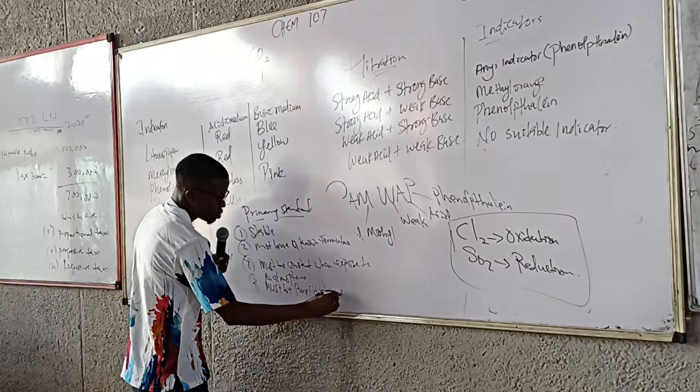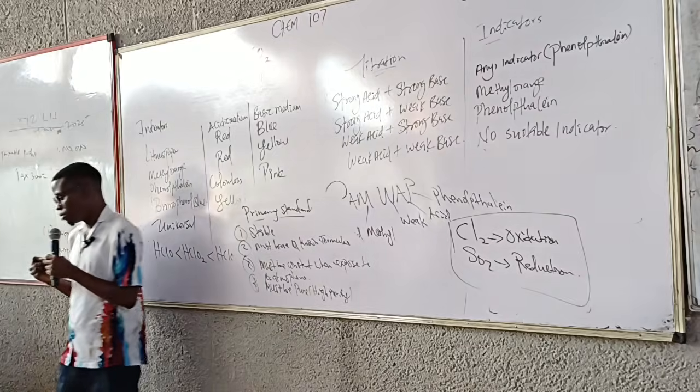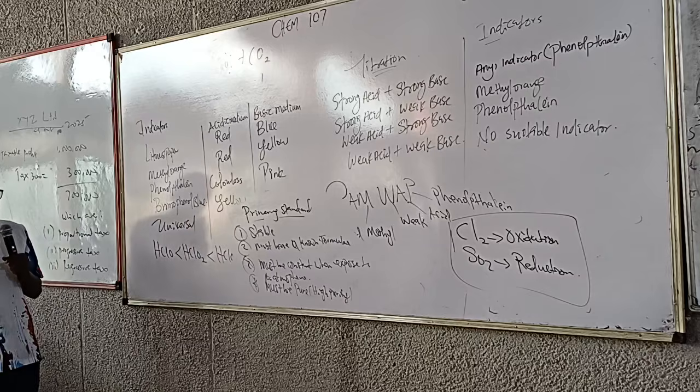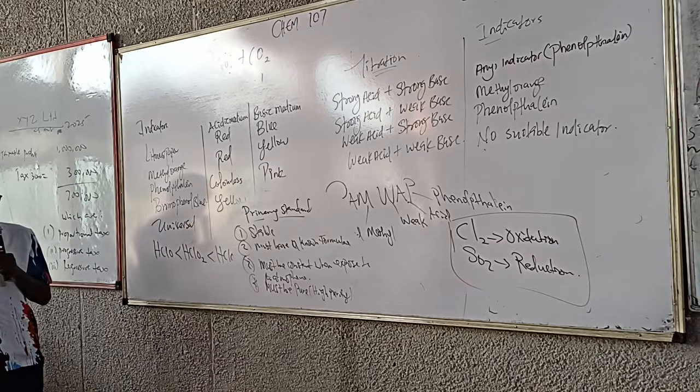So it must be stable, must have a known formula, must be constant when exposed to the atmosphere, must be pure, that is, must have high purity. Those are the features of a primary standard.